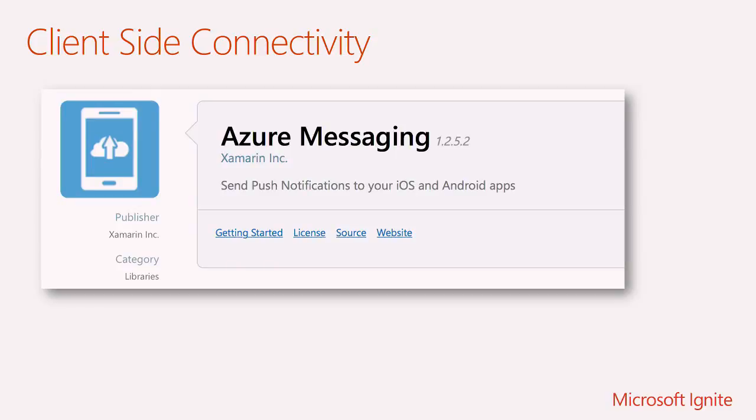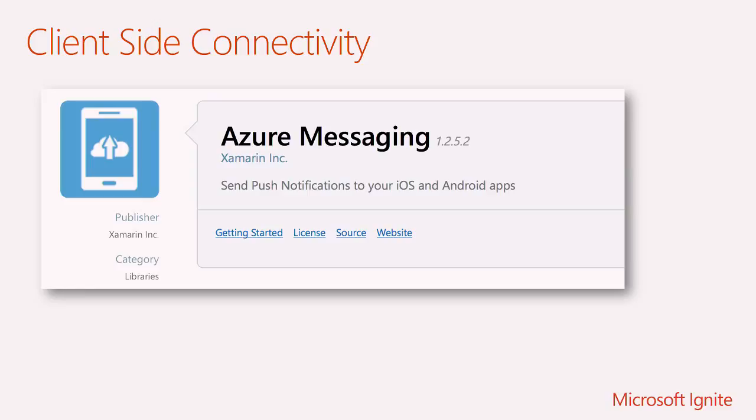On the client side, though, you will need to use a couple of components. There's the Azure messaging you'll find in the component store for the Xamarin store. You'll add that component in. There's code samples within that component when you download it that'll show you what you need to do to set up. So on the iOS side, it's more about configuring your UI application delegate subclass to provide the appropriate callbacks.